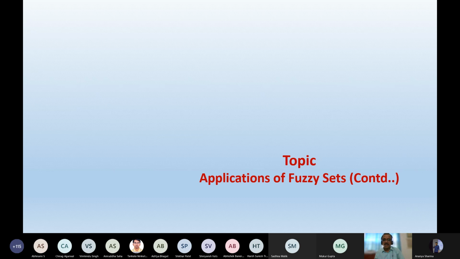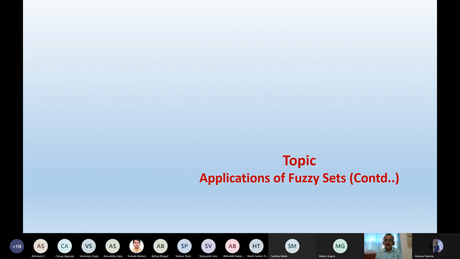Now, with this, let me start with today's topic. We are discussing the clustering of the data, and more specifically, the fuzzy clustering of the data based on similarity. As I mentioned, clustering is a powerful tool for data mining. The purpose of data mining is to extract useful information from a data set.